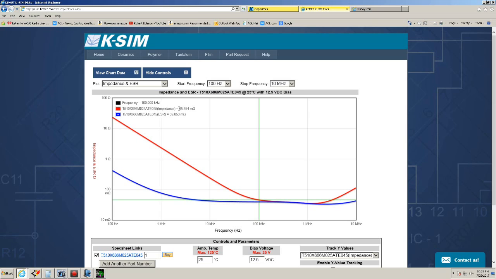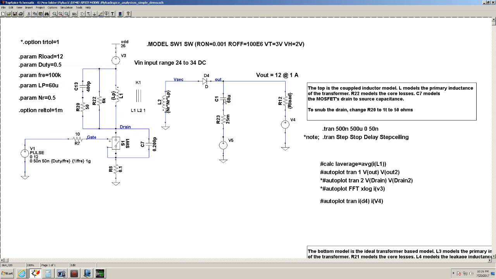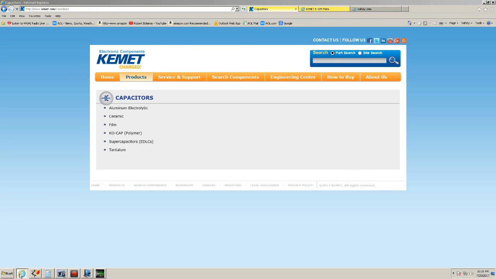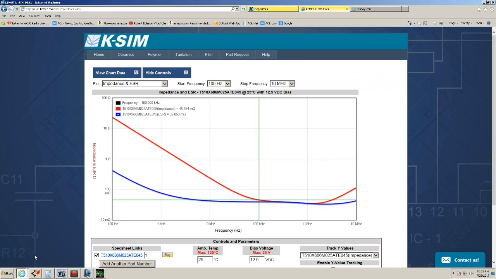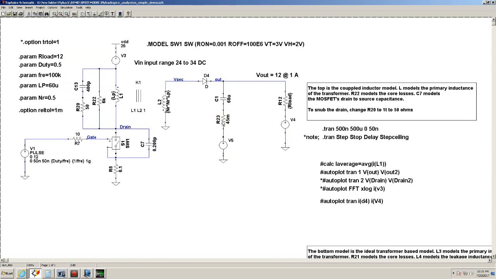So basically this is a 68 microfarad capacitor. Let's pick the largest one, 45. Okay, 45. So this would be the equivalent of that capacitor.